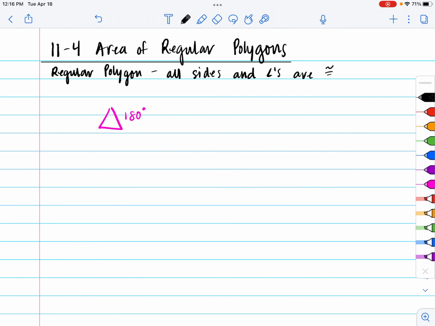So let's write this up here. The sum of interior angles of a polygon, any polygon, if you recall, is the equation (n minus 2) times 180.